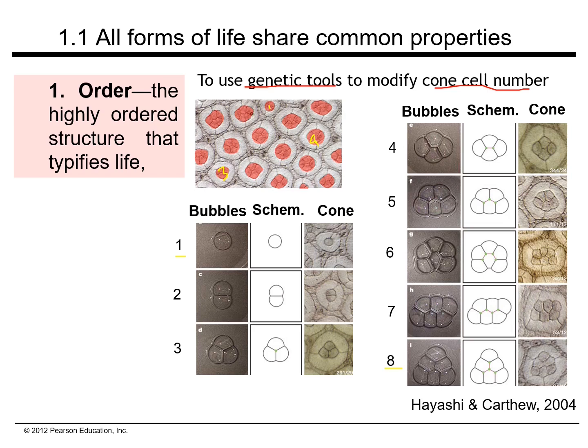And something very interesting when they compared: this column shows you the shape of the bubble, this column shows you a schematic of the shape, and this shows you the cone cells. And I want you to compare them. What happens when there is only one soap bubble or one cone cell? They look very similar. What happens when there are 2, and when there are 3? What happens when there are 8?